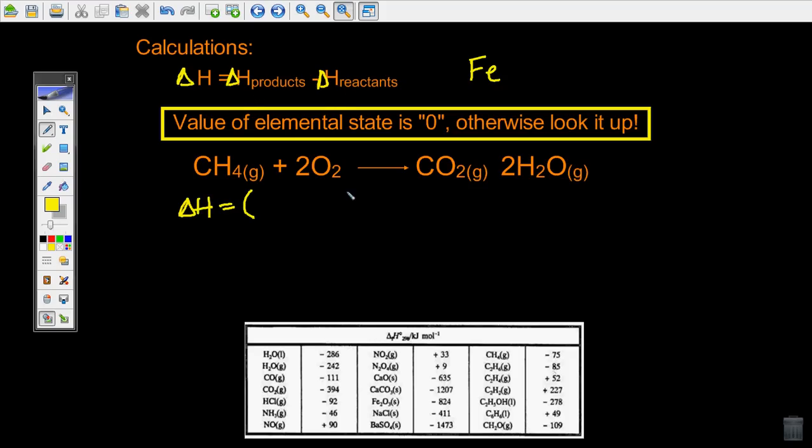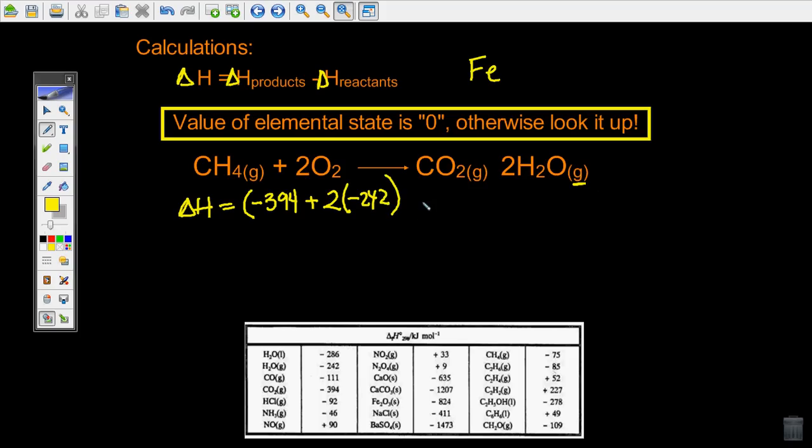So my products, I've got 1 CO2. So I'm going to go down here as gas. So CO2 gas is negative 394 plus I've got 2 waters. And notice that this is in gas, so when I come down here I have to make sure I use my delta H for my gas. 242.